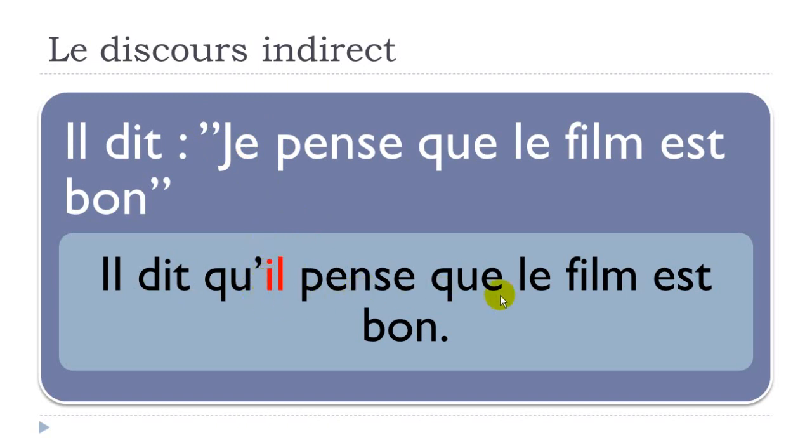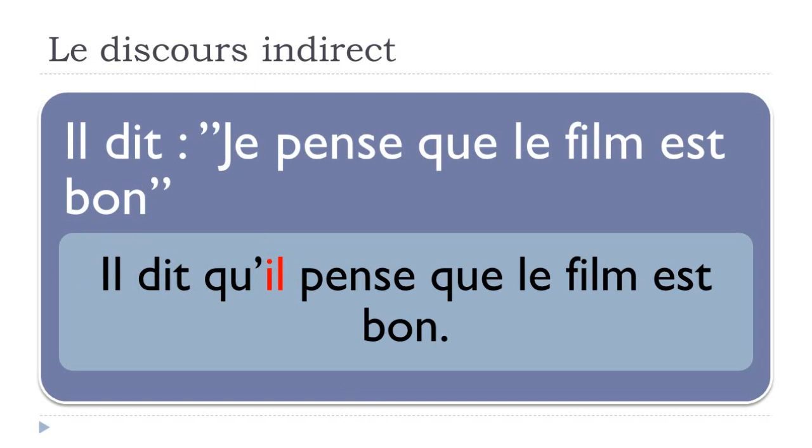Il pense que le film est bon. Alright, so that's the only thing that you will have to modify, so it's not really difficult, but keep in mind that if the subject goes like that, so je, of course you will have to modify it and put it according to the first subject here, so il dit.